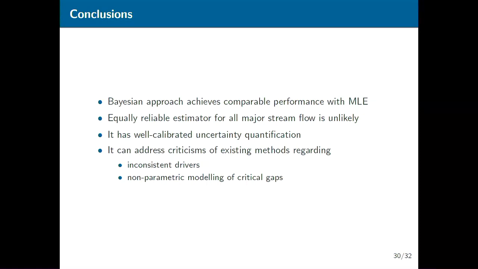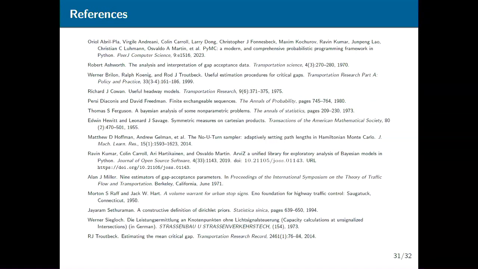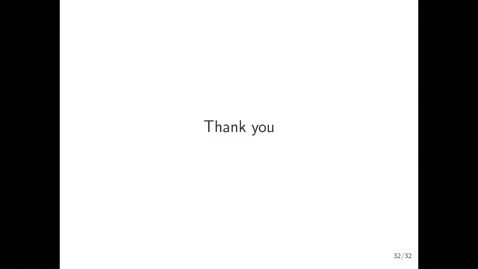We also show that the Bayesian approach has well-calibrated uncertainty quantification, in terms of having roughly the correct frequentist coverage. Lastly, we extended the Bayesian methods to address existing criticisms by incorporating inconsistent drivers and relaxing the parametric assumptions on the critical gap distributions. Here are the references that I managed to squeeze in, and thank you for your time.